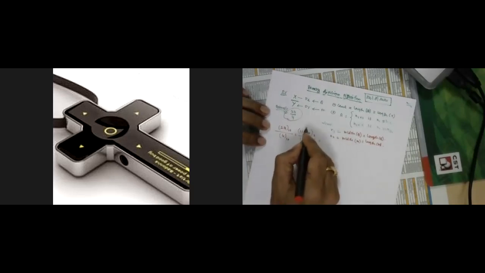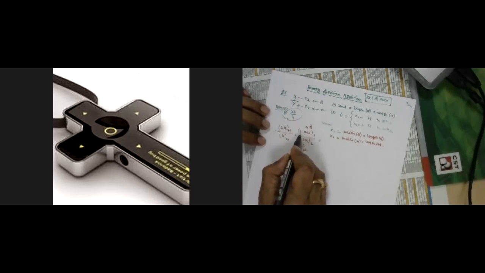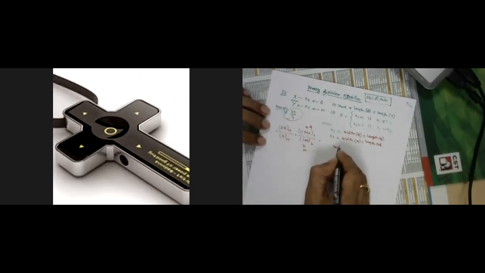Now we need to compute the length of Q and M. This is Q and this is our M. Since the length of Q is 1, 2, 3, 4, 5, the count equals 5.